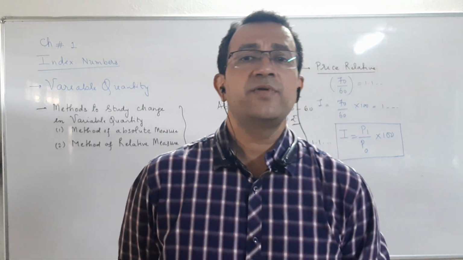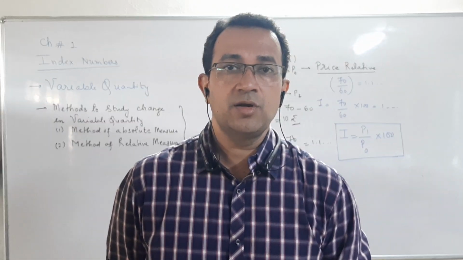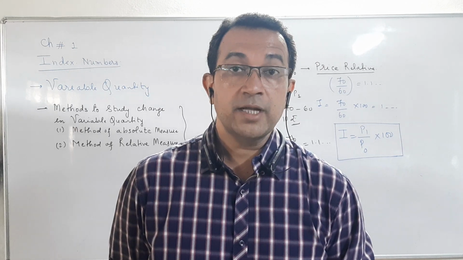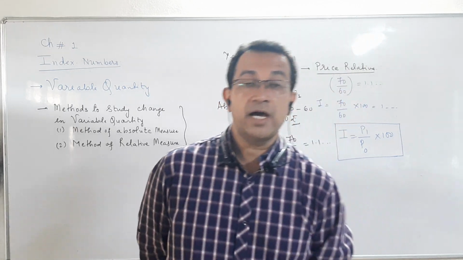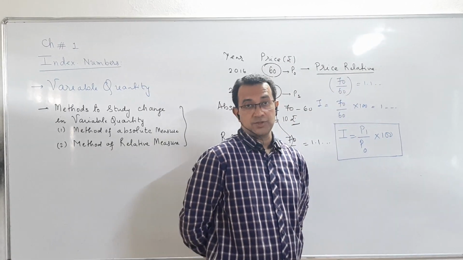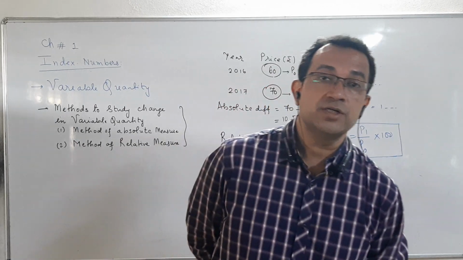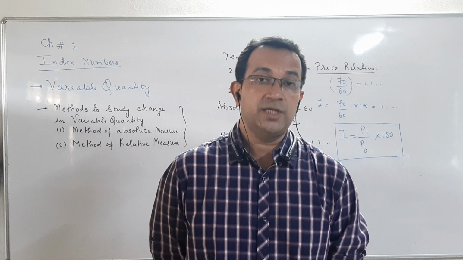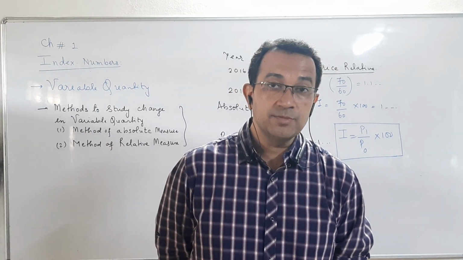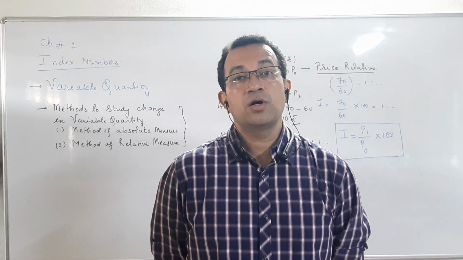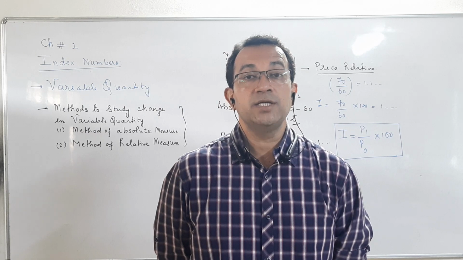So different types of index numbers are there, students. We do not need to remember all. But what I am telling is, index numbers are economic barometers. Different types of index numbers indirectly show us the strength of an economy. Higher the index number, lower, or you can say deteriorating, economy is.